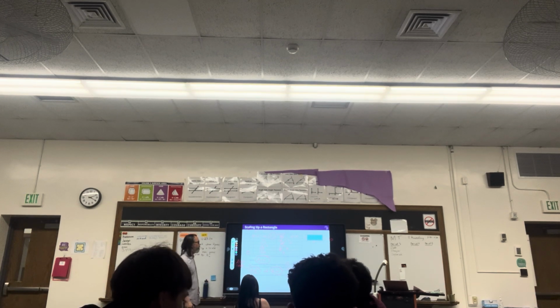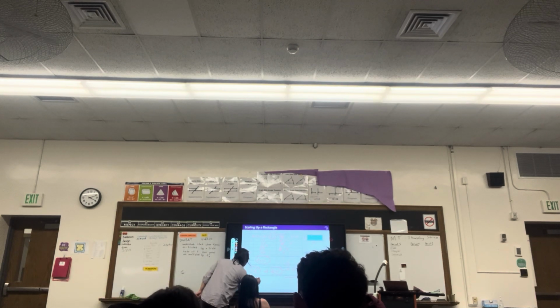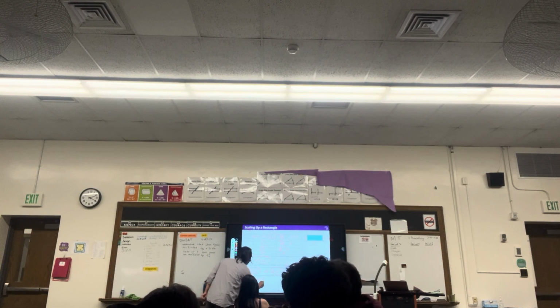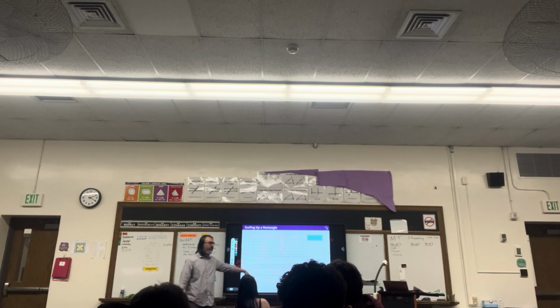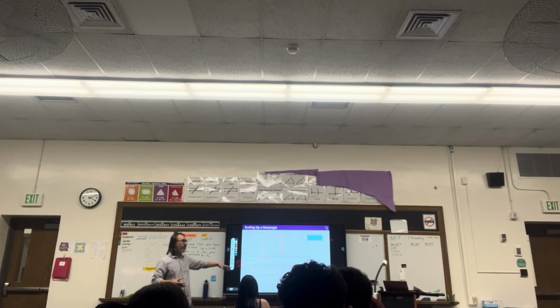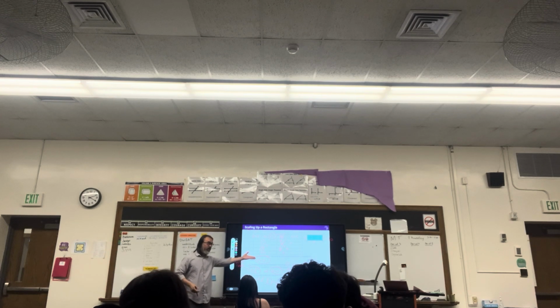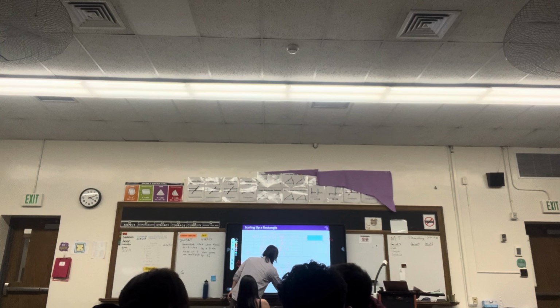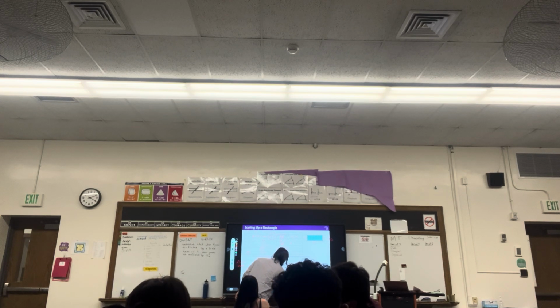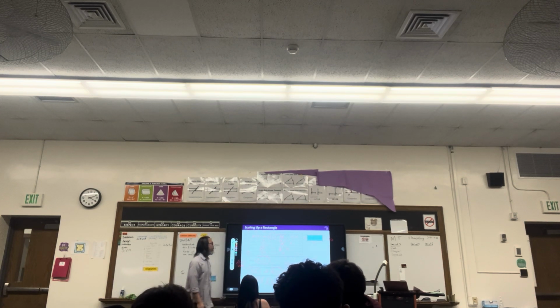KL times KW. Is there another way we can write that where we multiply together? Can we combine anything? Yeah, K. How can you write K times K? K squared, and then the L and W stays the same, right? Cool.